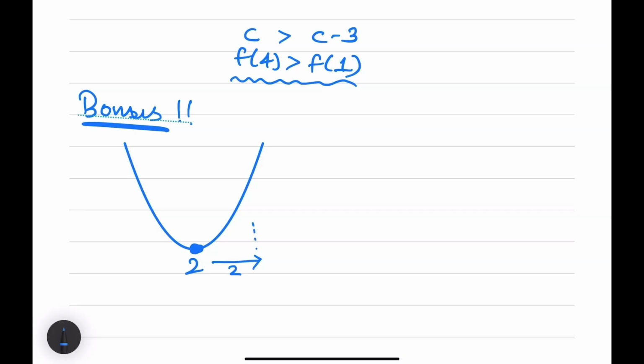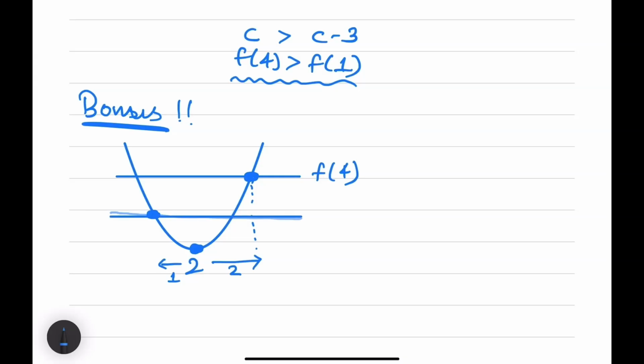So I will be somewhere here. If I climb 2 steps, I will be at f of 4. And if I go 1 step to the left, I will be at f of 1.